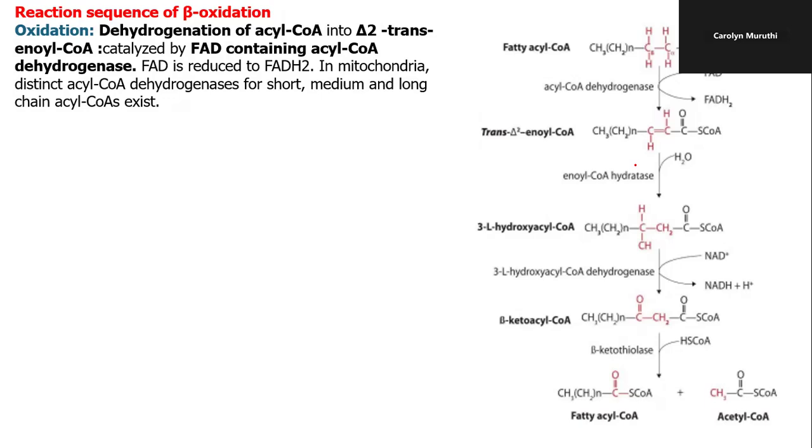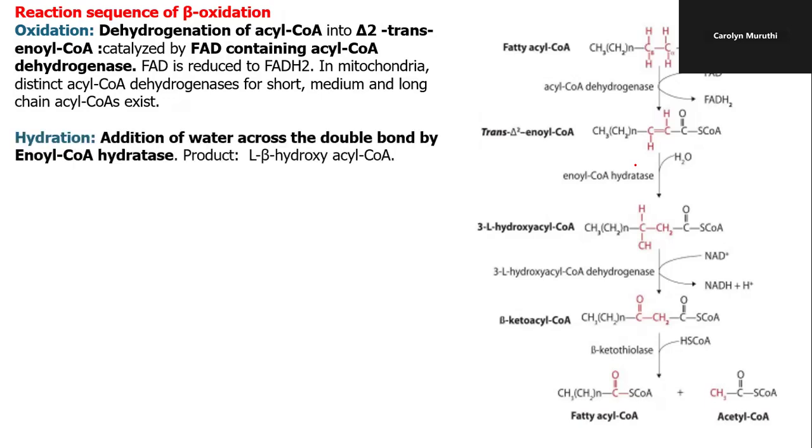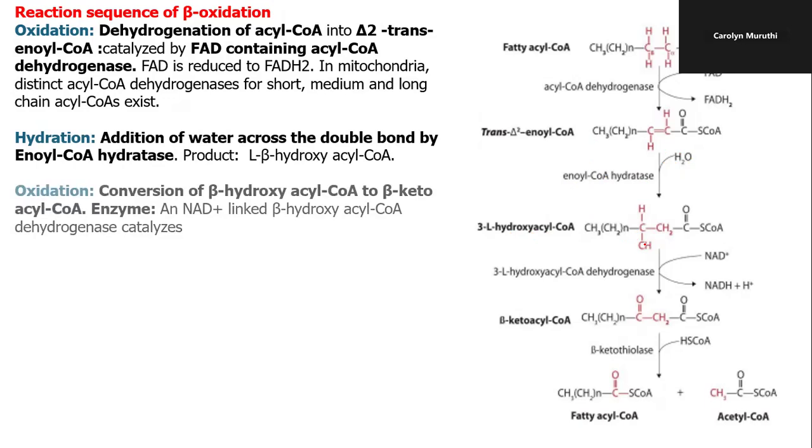The second step involves hydration, which is addition of water across the double bond. This reaction is catalyzed by enoyl-CoA hydratase, and it will give rise to hydroxyacyl-CoA. So we introduce a hydroxyl at the beta carbon.